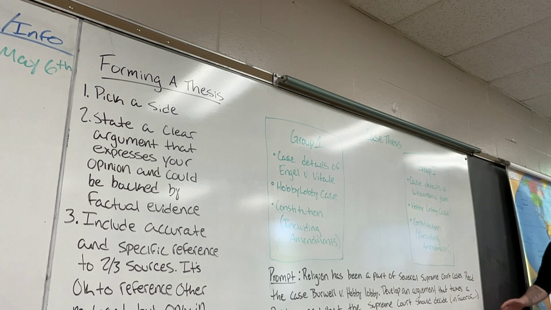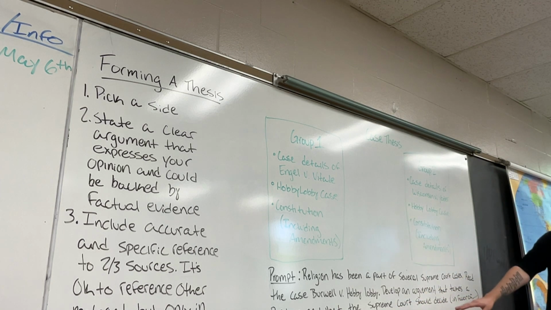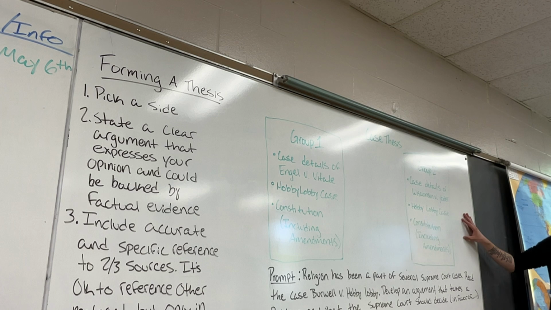Who should they go in favor of, right? Should they go for Hobby Lobby or should they go for Burwell? Which argument should they side with and rule on? And why they should rule that way. So make sure and include evidence from the case itself and the assigned case that your group is going to be dealing with. And then you can also include constitutional amendments, right?